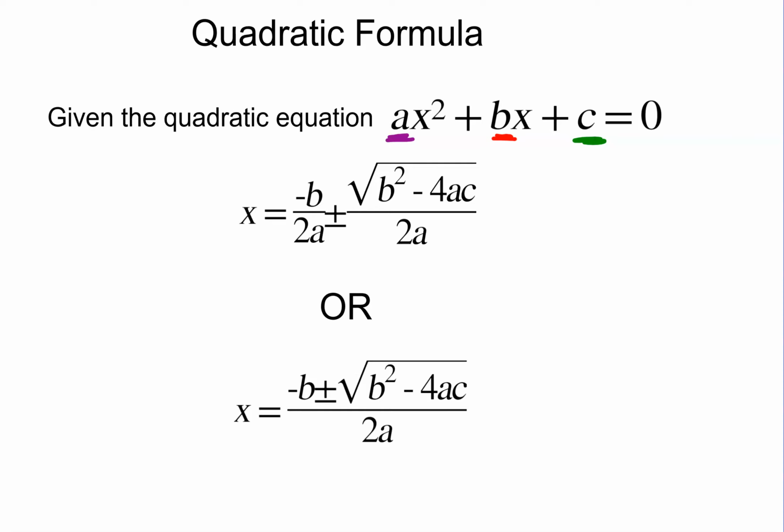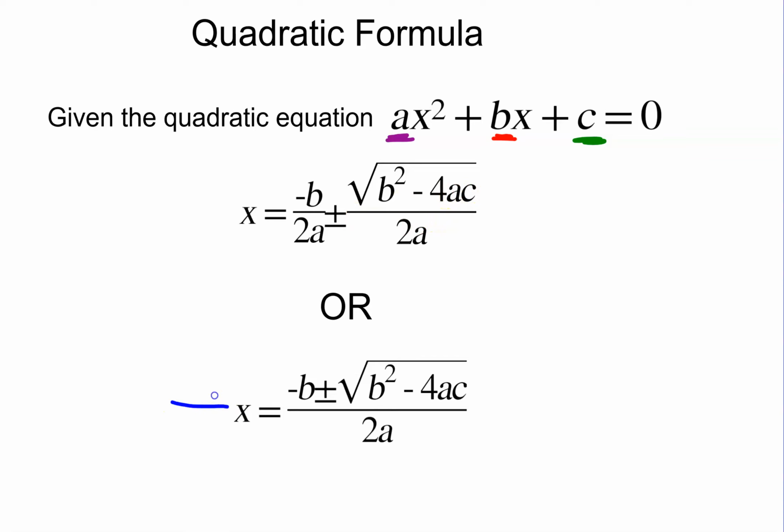Given those values, the x values that solve all quadratic equations fit this formula, which says x is equal to the opposite of b divided by 2 times a, plus and minus, because there are two solutions, so that plus and minus literally means you're going to add it one time and subtract it the other, the square root of b squared minus 4ac, also over 2a.